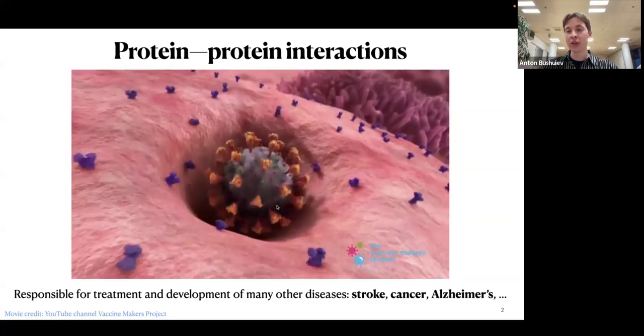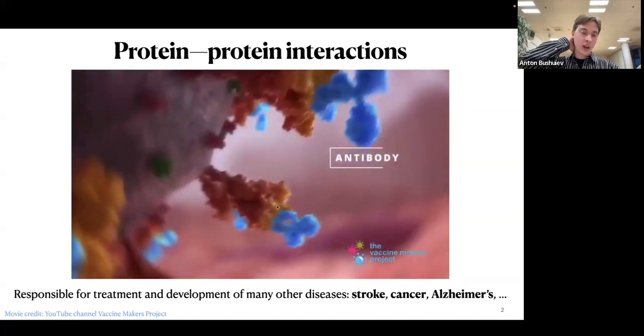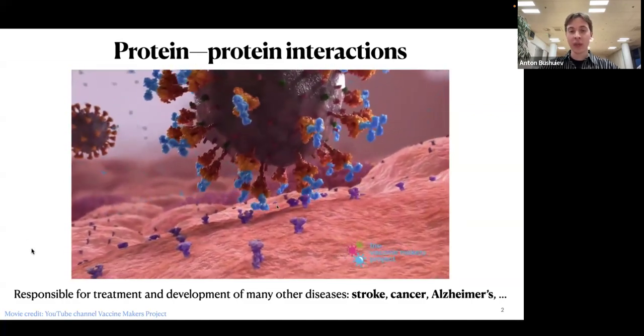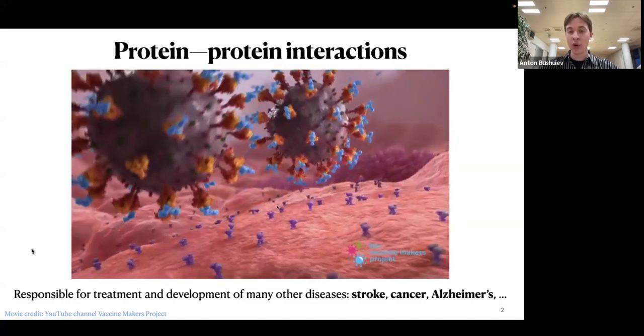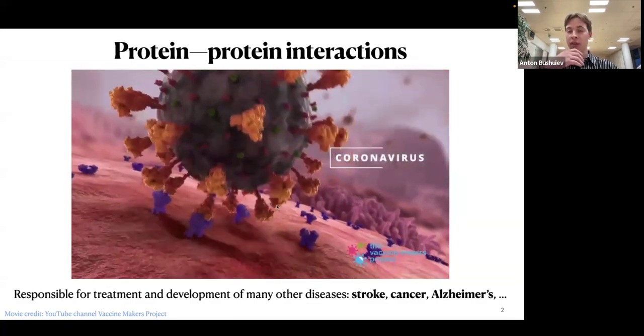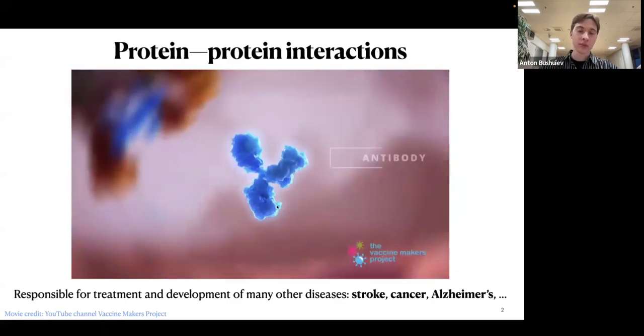And this video doesn't show some special example of a system which is abundant with protein-protein interactions, but vice versa, these interactions between proteins, or more widely known as protein-protein interactions, in fact underlie the treatment and the development of many diseases such as stroke, cancer, or Alzheimer's.